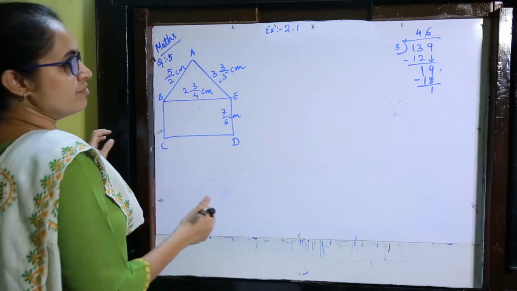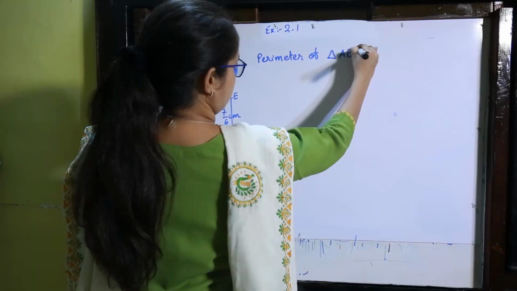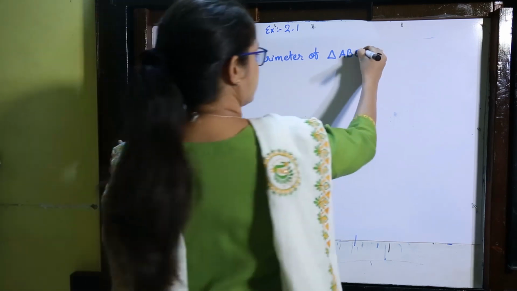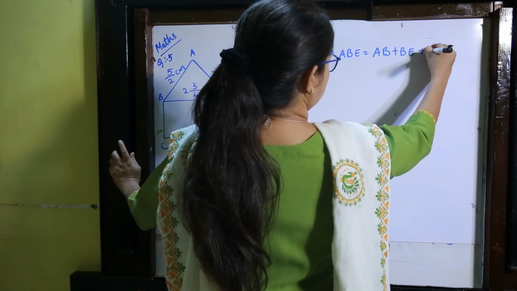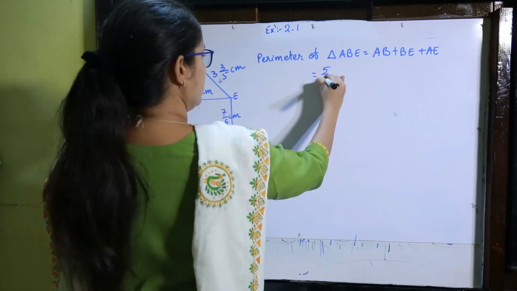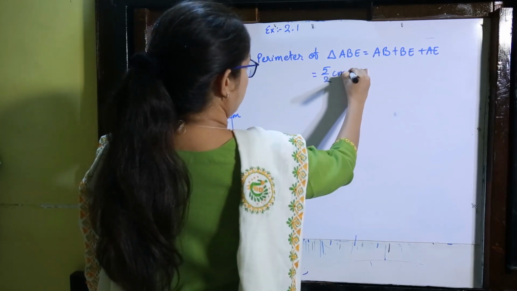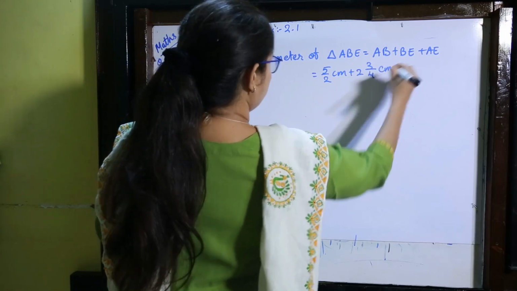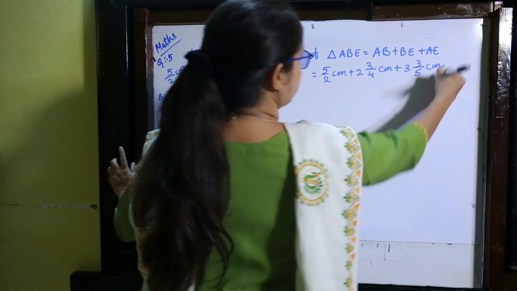So this is your figure. First you have to find the perimeter of the triangle. To find the perimeter of triangle ABE, you have to add the sides: AB plus BE plus AE. That is 5/2 centimeter plus 2 3/4 centimeter plus 3 3/5 centimeter.